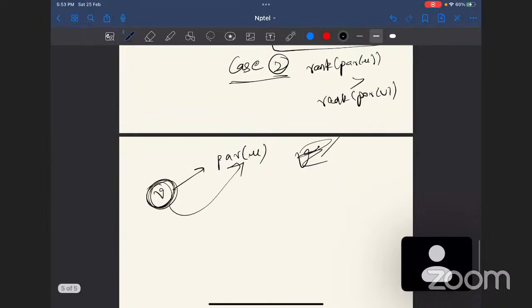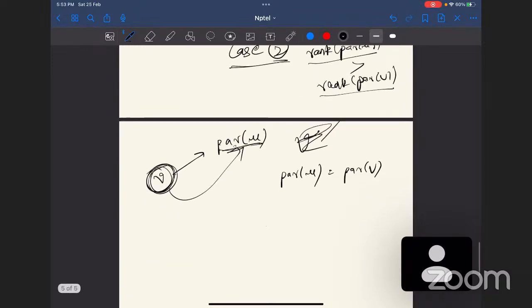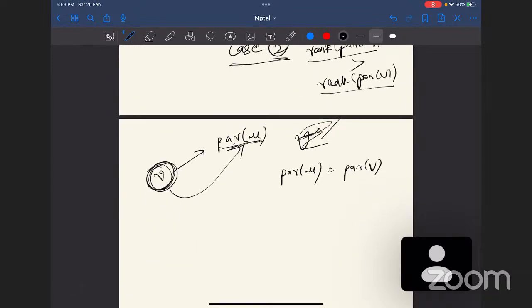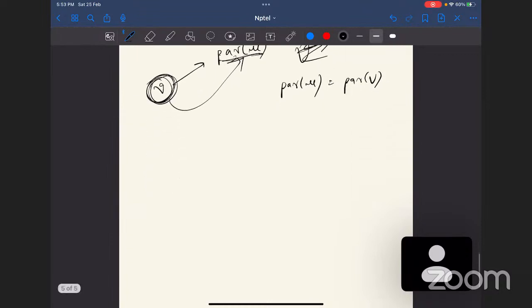So if the rank of parent of U is more than rank of parent of V, then parent of U will become the parent of V. And we don't alter the rank of parent of U because it is already more. Okay, so this is the DSU algorithm. Let's jump onto the code. In that way you will be able to understand easily.